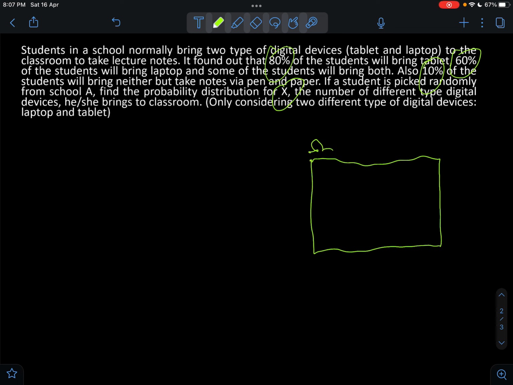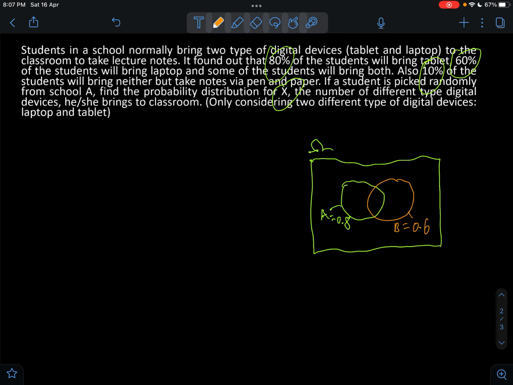So let's say this is our sample space. We have an event A, which is the student will bring the tablet into the classroom, which equals 0.8. Okay, now let's have an event B, which is the student will bring the laptop into the classroom, which is 0.6.